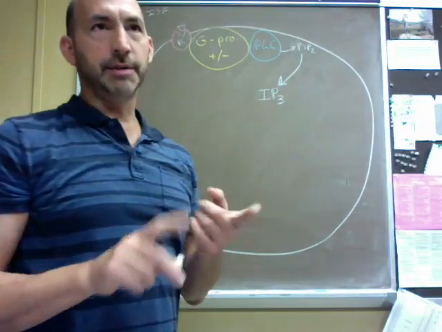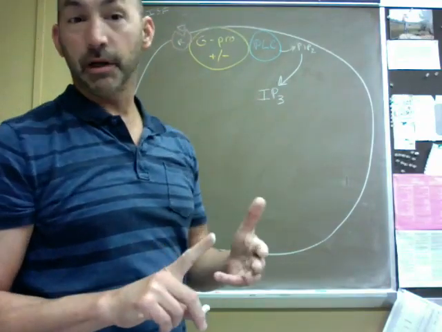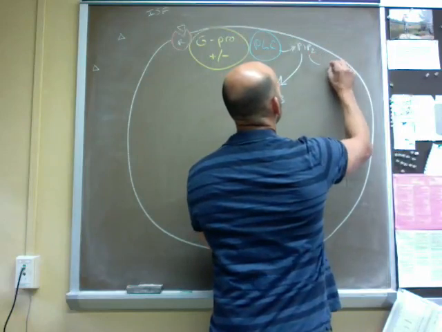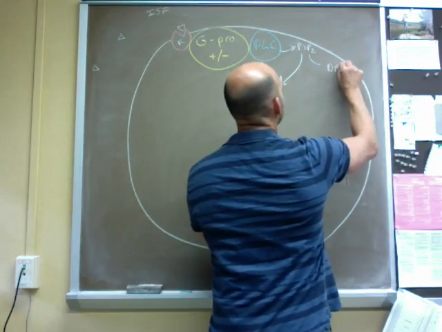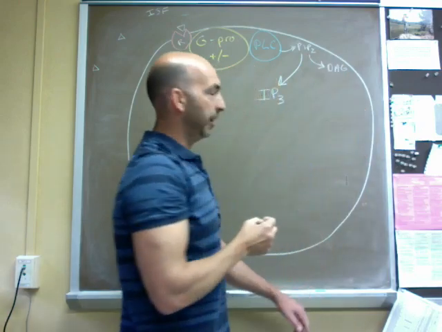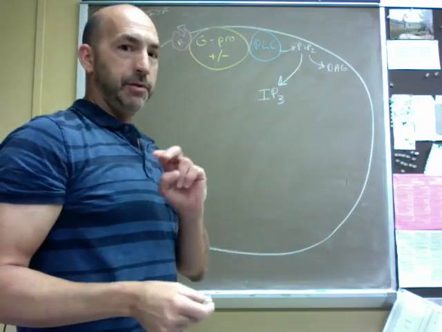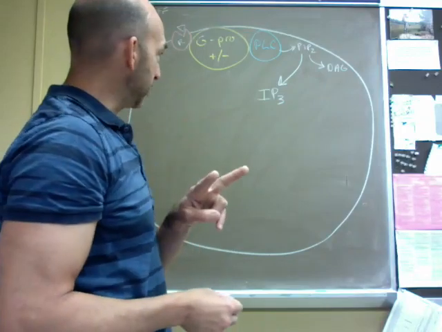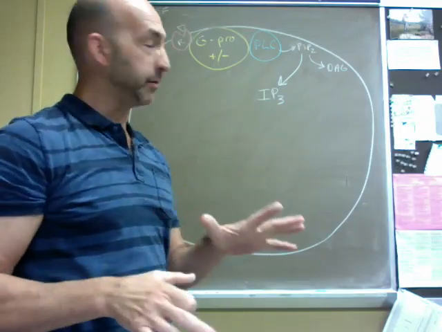The other one is the lipophilic one, called diacylglycerol, or DAG. I'm going to write it here, still associated with the membrane, because it's lipophilic. So now we have two second messengers, and those second messengers are going to go off and do their thing.